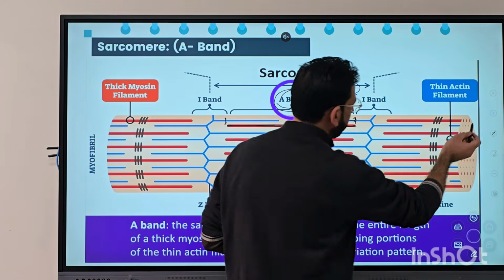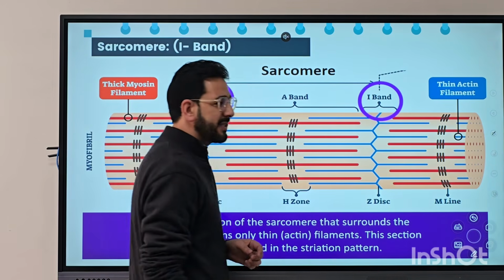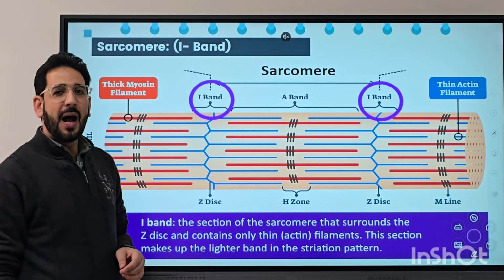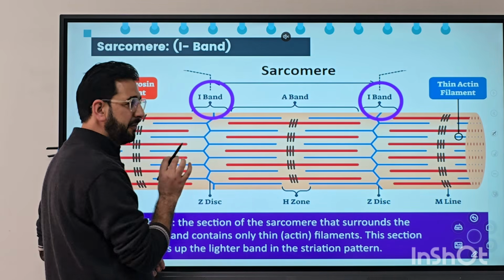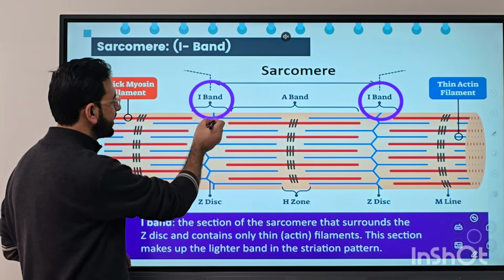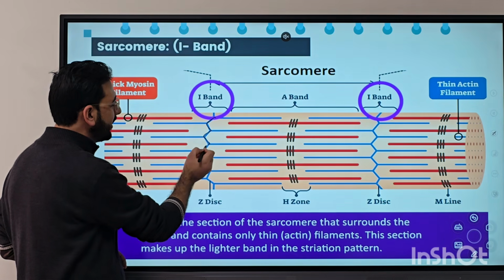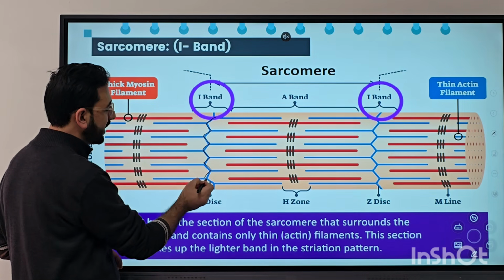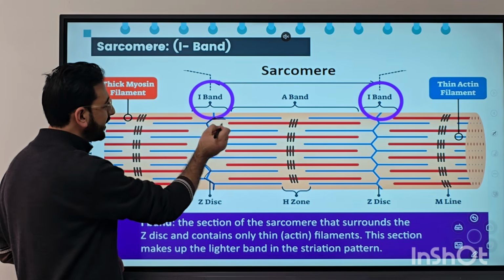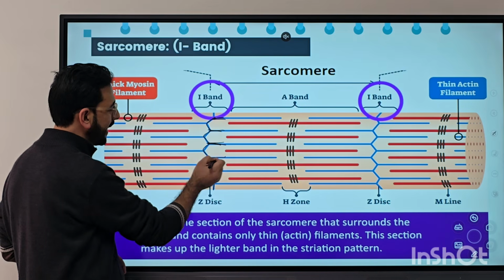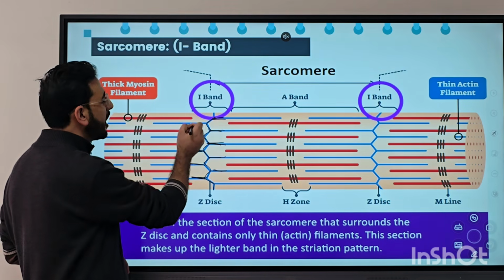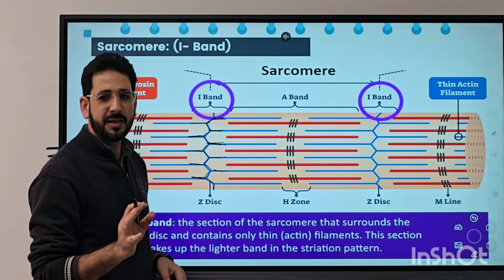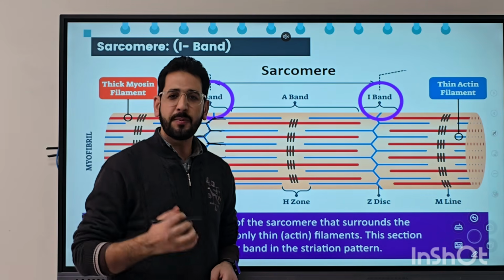Now moving forward, we have another band that is called the I band. I band is only the thin filaments. You can see here is the Z line, and surrounding the Z line on both sides we have only the actin filaments. There are no myosin filaments and there is no overlapping of the filaments.